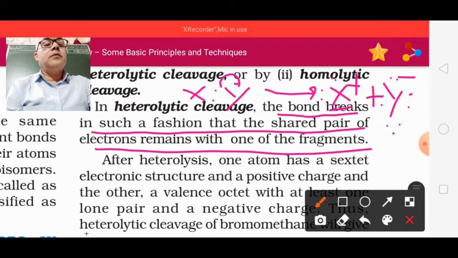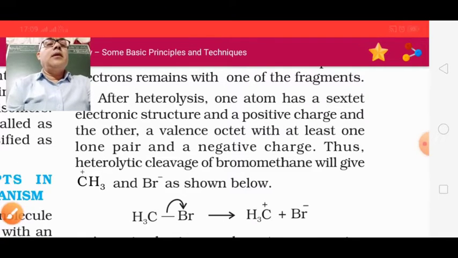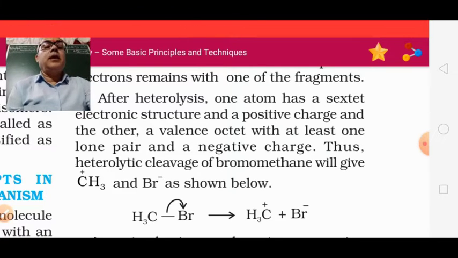Now we will proceed. After cleavage, one atom has a sextet electronic structure and a positive charge, and the other has a valence octet with at least one lone pair and a negative charge. Thus, in the heterolytic cleavage of bromomethane, CH3 has a plus charge and Br has a negative charge.